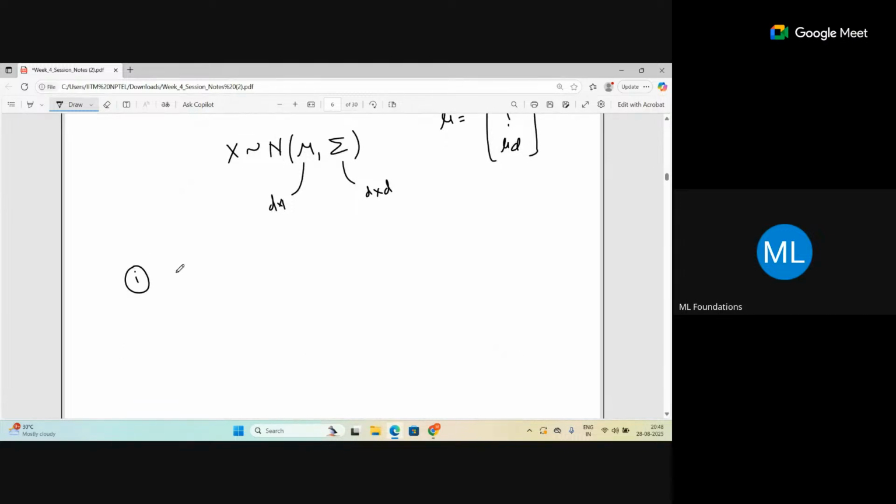Suppose y is a new random variable which is a function of x such that it is A transpose x. In that case, what is the distribution of y?